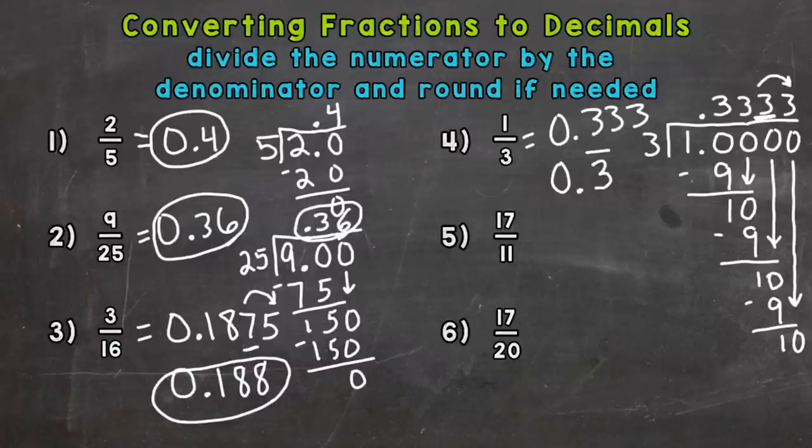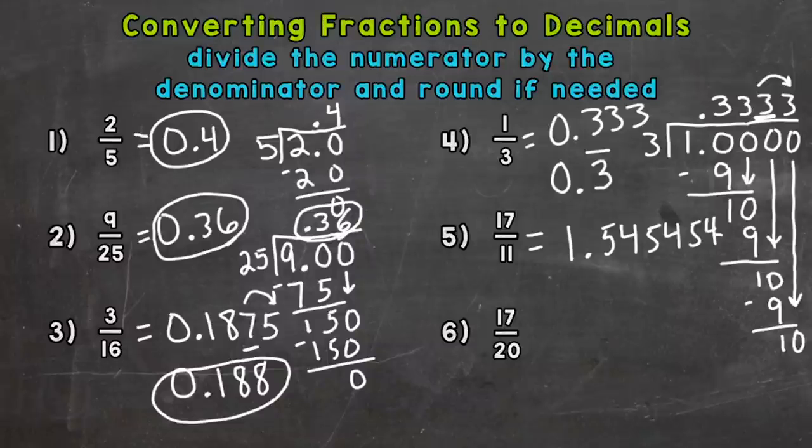So number 5, we actually have an improper fraction. So this is going to be above 1 whole. It's greater than a whole. So if you plug 17 over 11, or 17 divided by 11 in on a calculator, you're going to get 1.54, 54, 54, and it's just going to be 54's repeating.